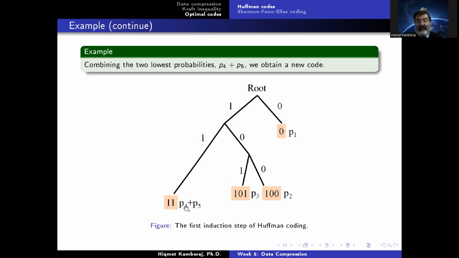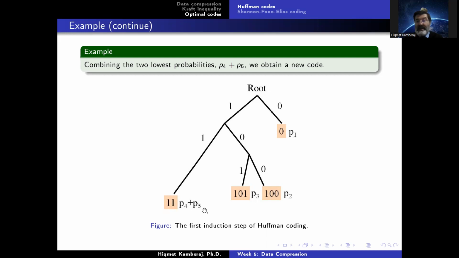However, p_4 plus p_5, if we sum them up, reduces to the code 1, 1, and the last bit is ignored. Then you have this branch, 1, 1, with probability p_4 plus p_5.